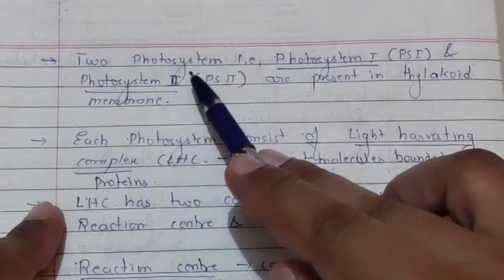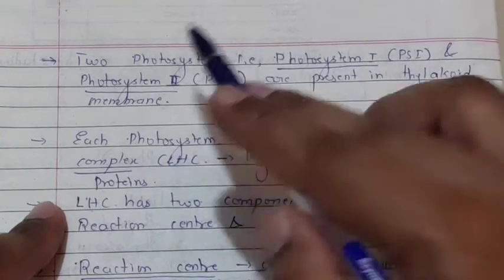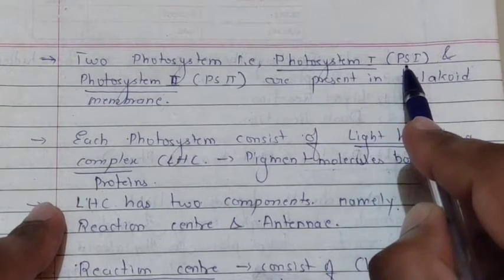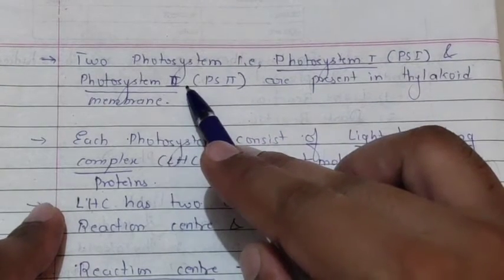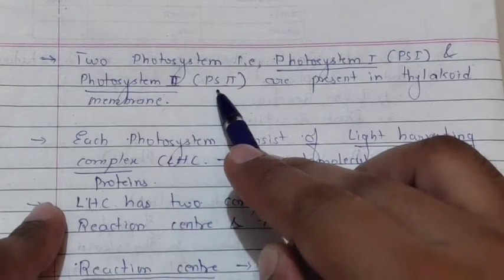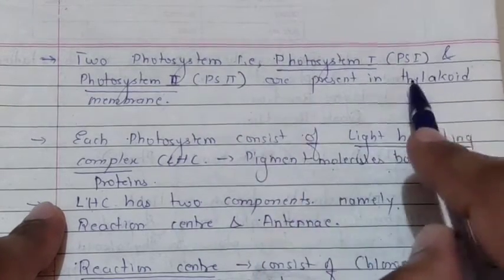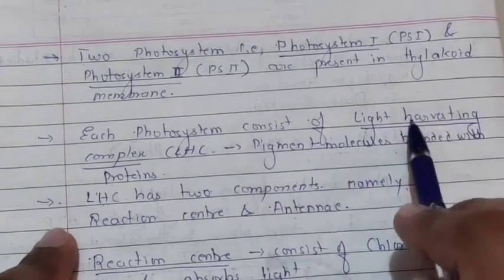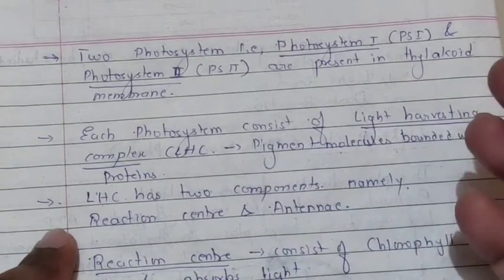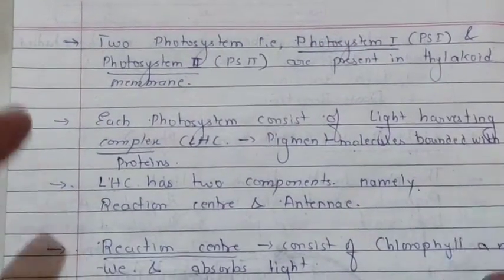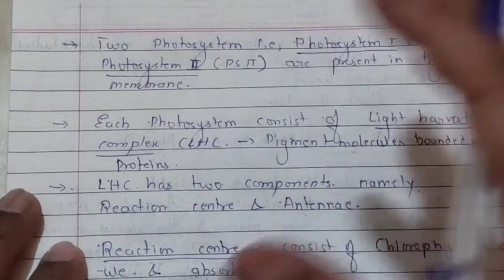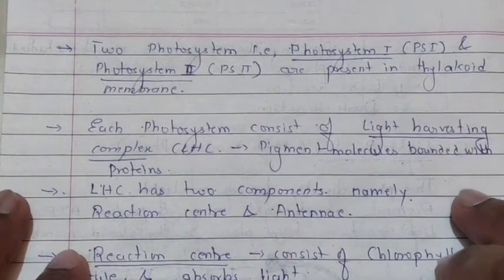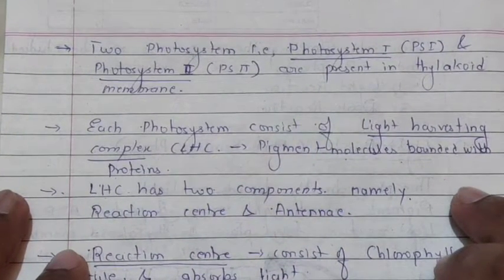Two photosystems, photosystem 1 (PS1) and photosystem 2 (PS2), are present in the thylakoid membrane. Each photosystem consists of a light harvesting complex. They are not just present randomly here and there. They are arranged in a very perfect manner.